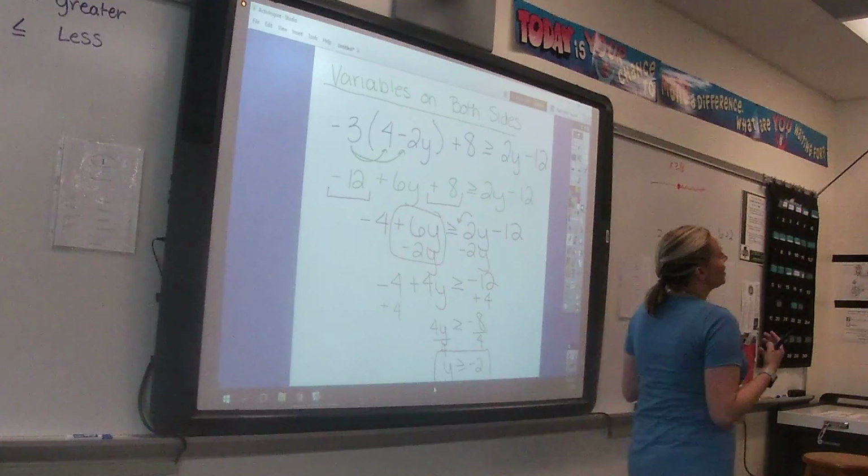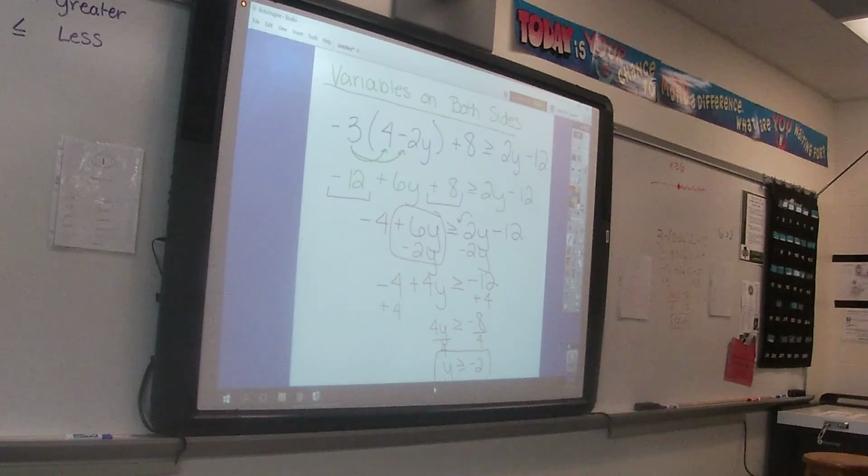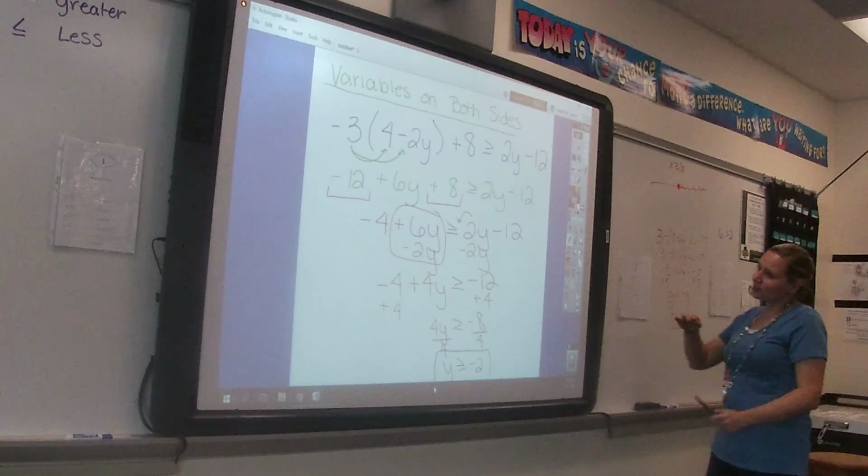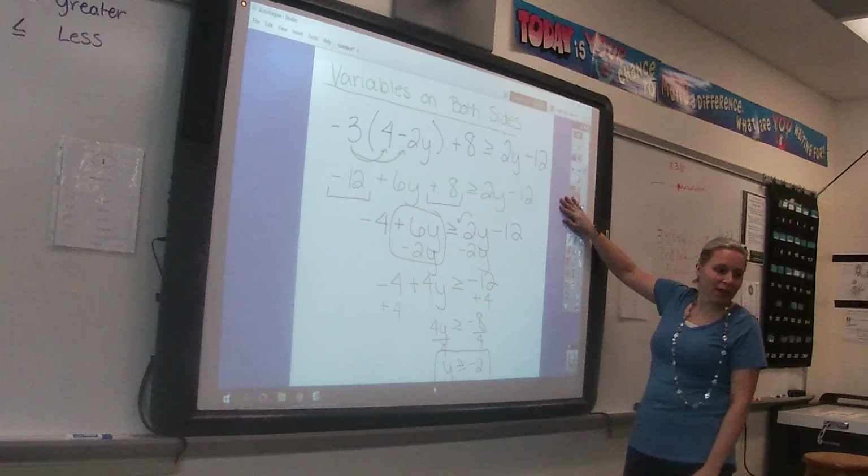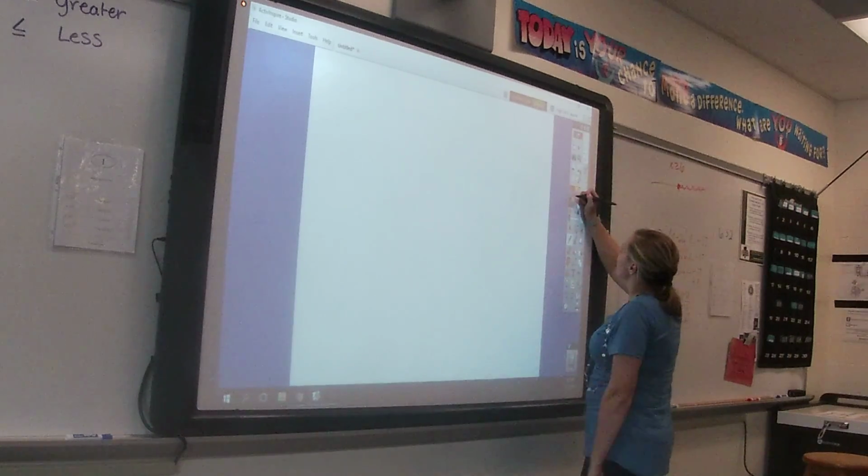Okay, the only reason why my guidelines suggest you combine like terms is because if there were multiple numbers over here, well, let me show you.